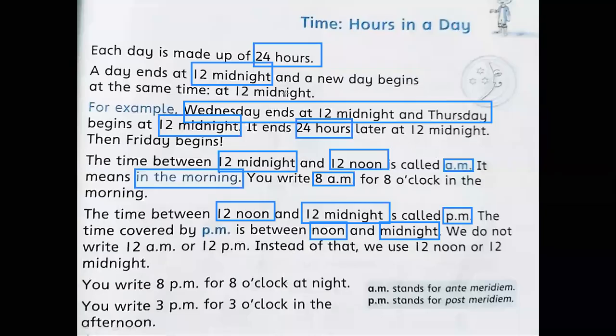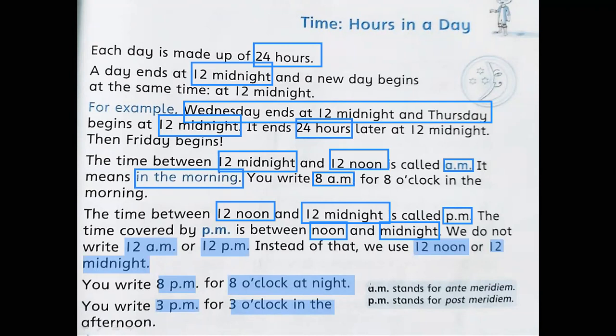Students, we do not write 12 a.m. or 12 p.m. Instead of that, we use 12 noon, meaning midday, and 12 midnight, meaning midnight. You write 8 p.m. to mean 8 o'clock at night, and 3 p.m. to mean 3 o'clock in the afternoon.